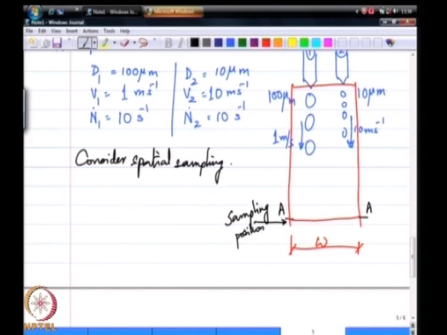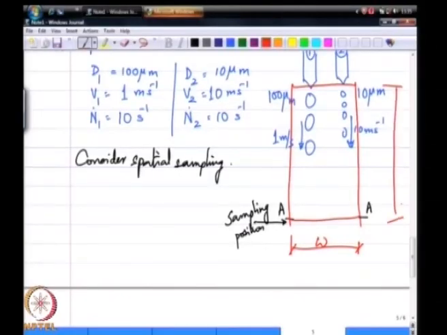If the drop is moving at 10 meters per second and the length of this whole thing is 1 meter, it takes 1/10 of a second to traverse the whole meter. Okay. Whereas, I am producing one drop of 10 microns every 1/10 of a second.